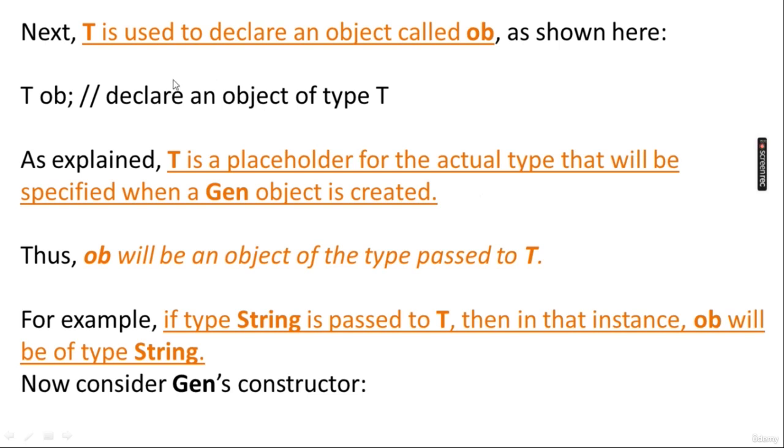So here also, whenever you are creating an object, T will be replaced by the actual type when the generic object is created. ob will be an object of the type passed to T. For example, if type String is passed to T, then in that instance ob will be of type String. If Integer is passed to T, then in that instance ob will be of type Integer. If Float is passed to T, then in that instance ob will be of type Float.